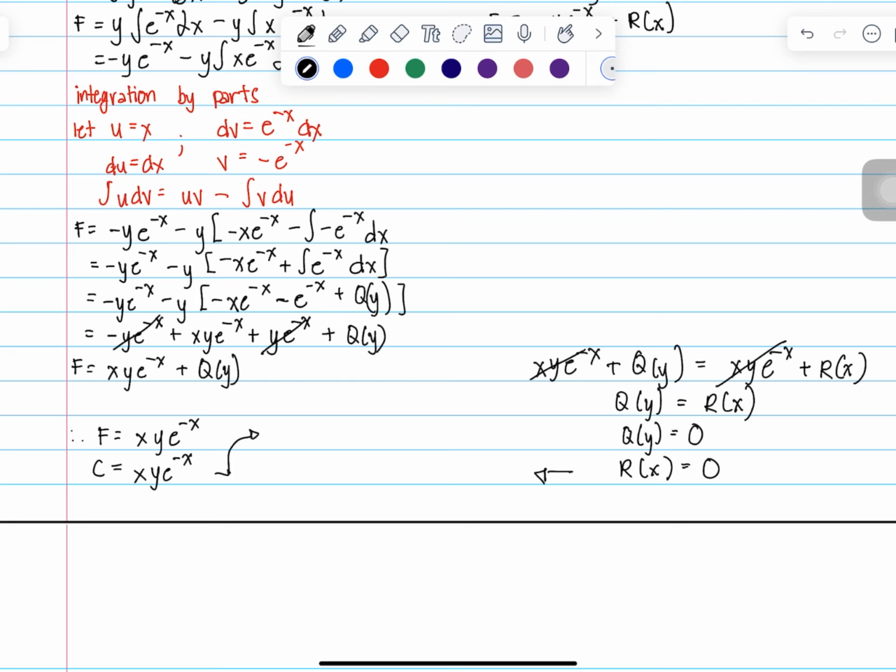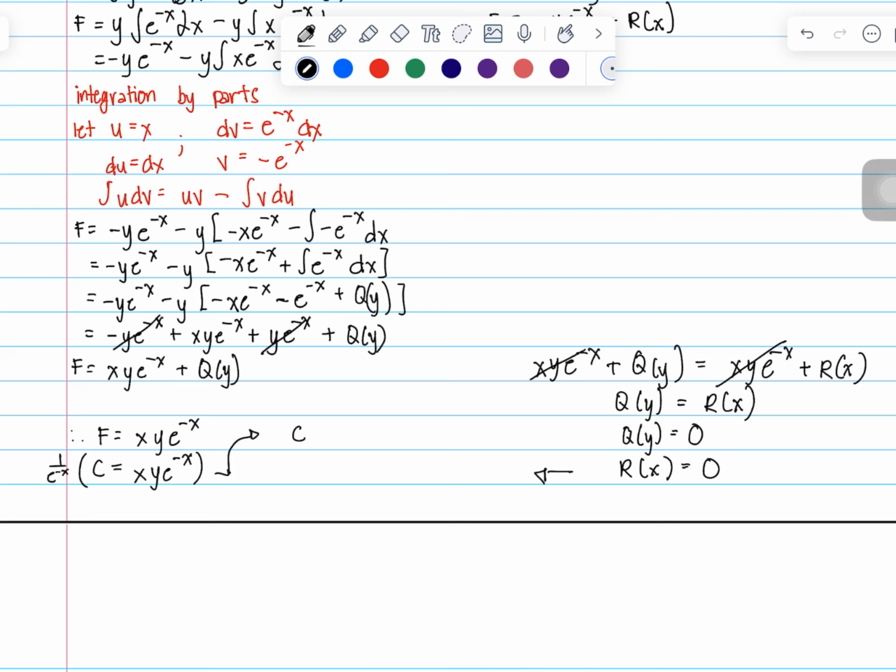We multiply both sides by 1 over e to the negative x.